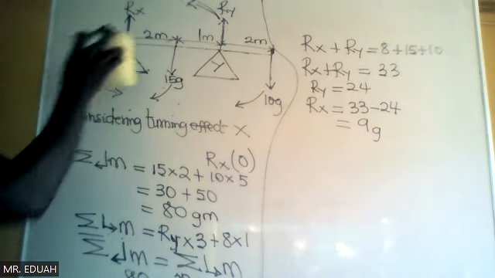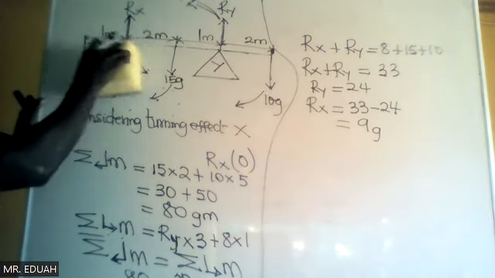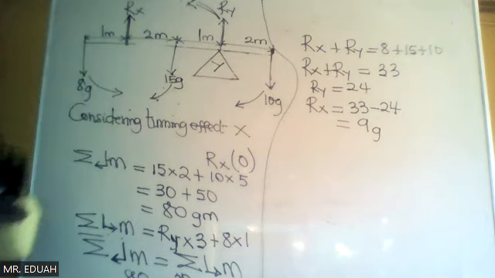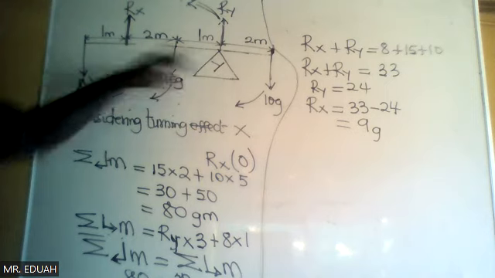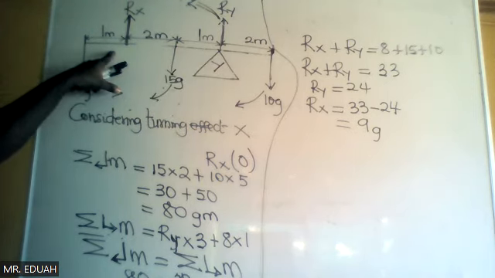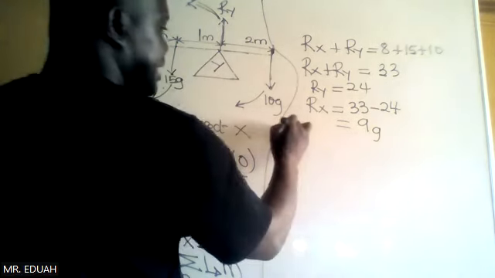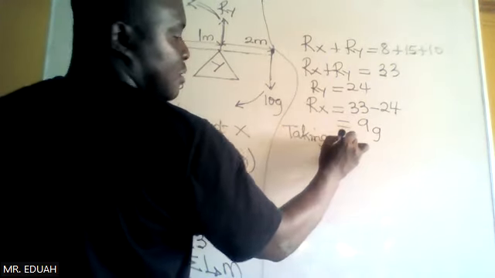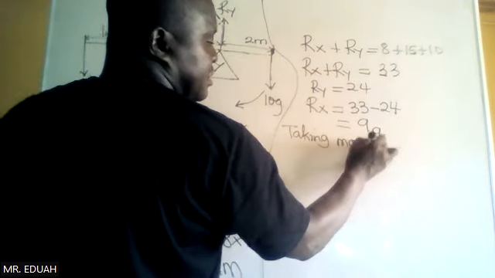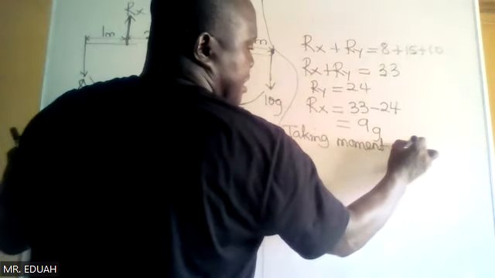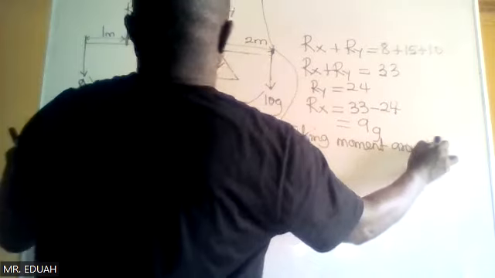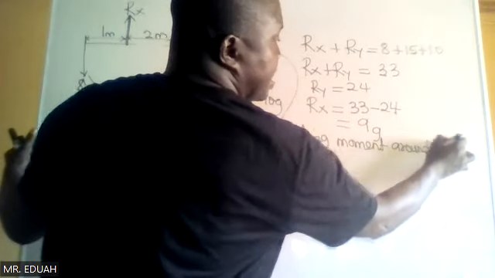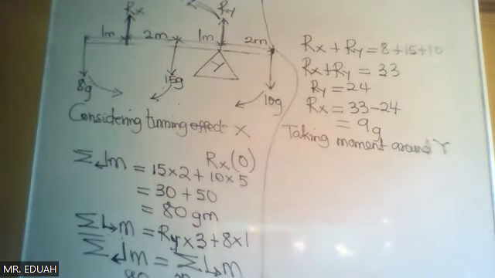Then now assume that x is not there. Earlier, we assumed that this isn't there. We took it around x. Now we are taking moment around y as well.